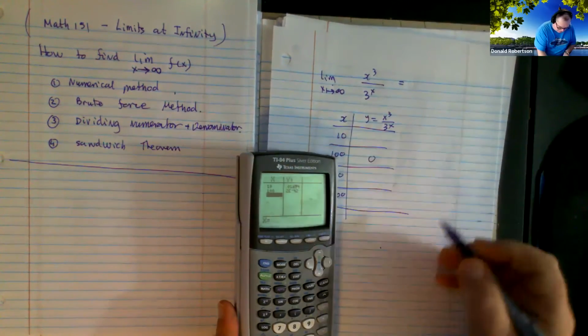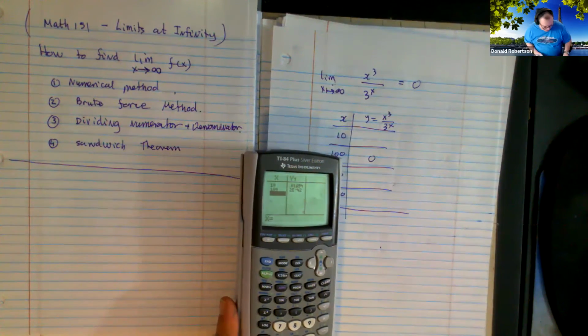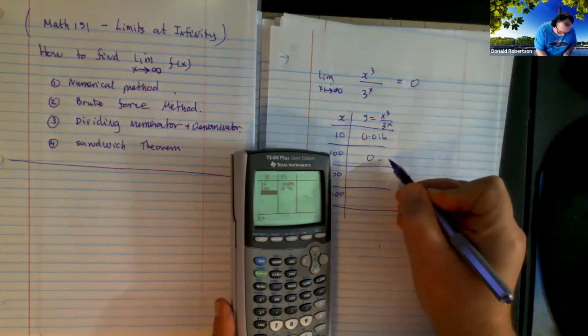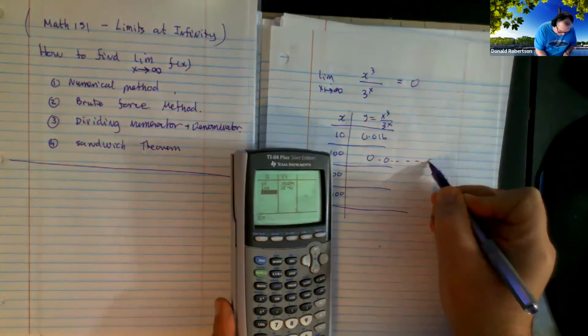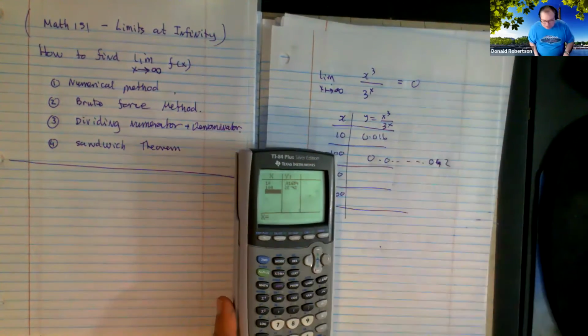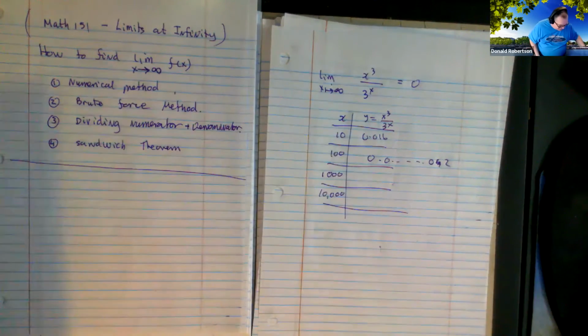Would you agree 0 is my conclusion? This number was 0.016. This number was 0.00, another 39 zeros and a 2. That matters. Would you agree that's darn close to 0? So 0 is my answer.